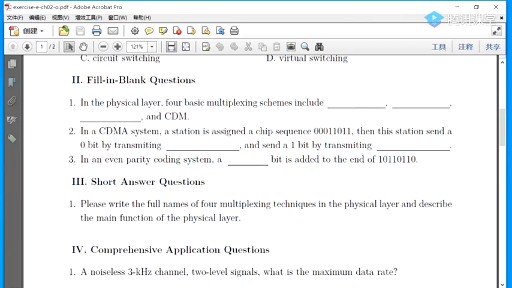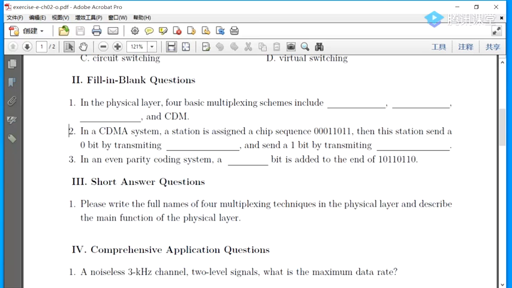Question 2. In the CDMA system, a station is assigned a chip sequence 000111011. Then this station sends a 0 bit by transmitting what, and sends a 1 bit by transmitting what?